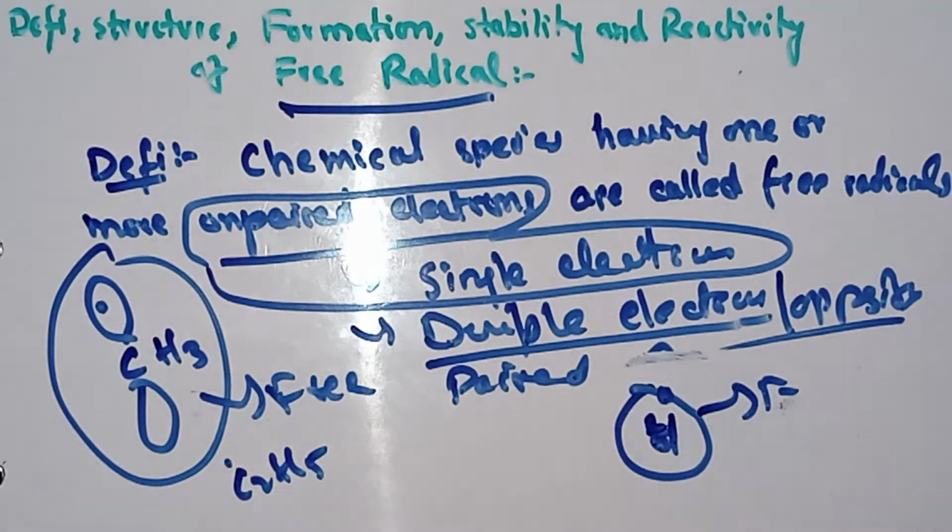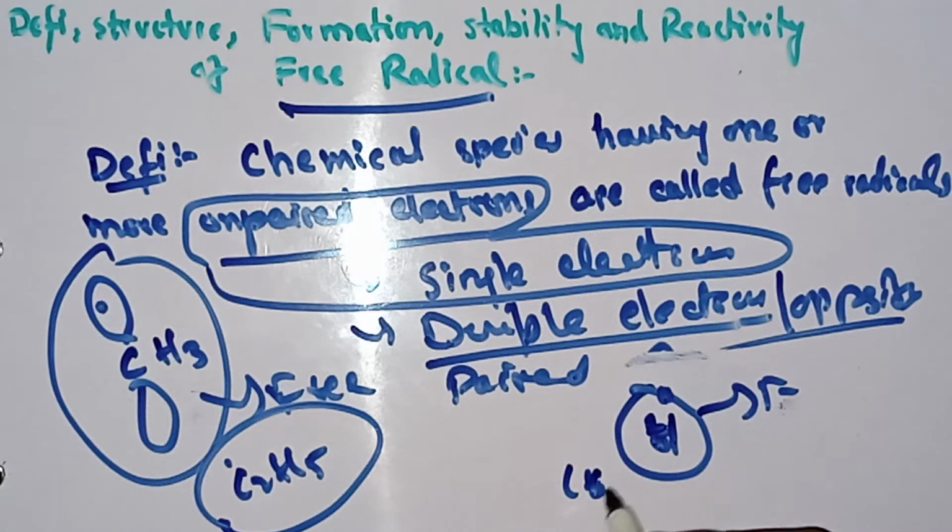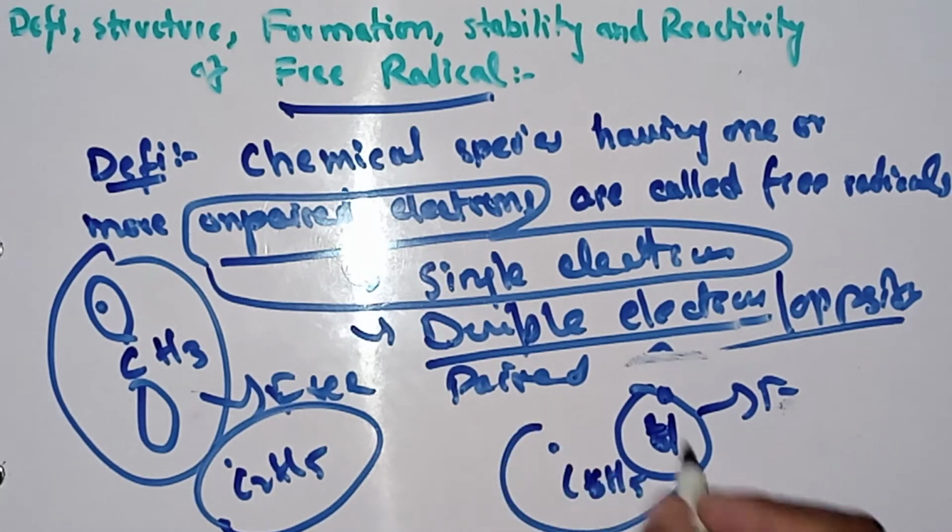C2H5 dot, this is a free radical. C6H5 dot, this is a free radical. These all are free radicals. If you have any question, you can ask me in the comment section. I will reply quickly. Okay, let's proceed further.